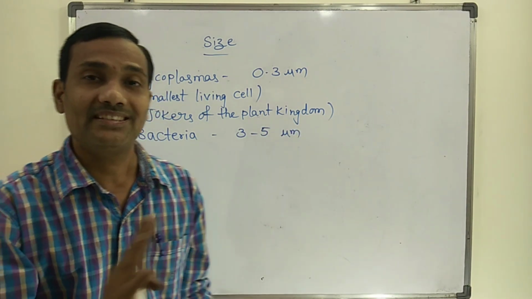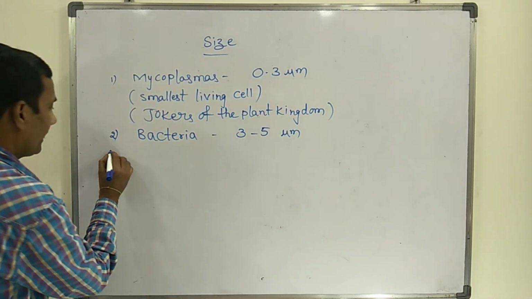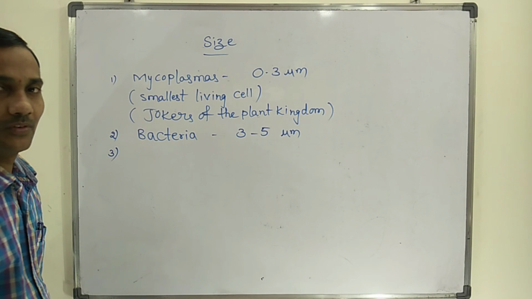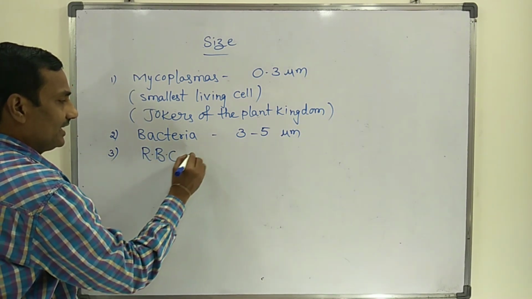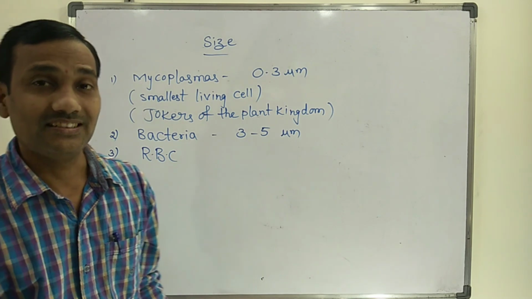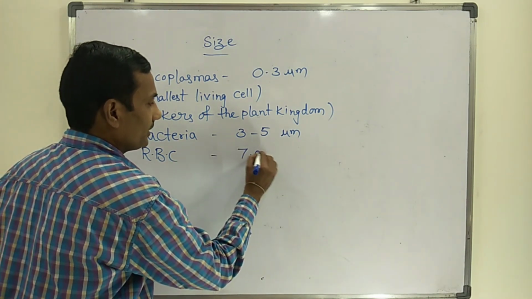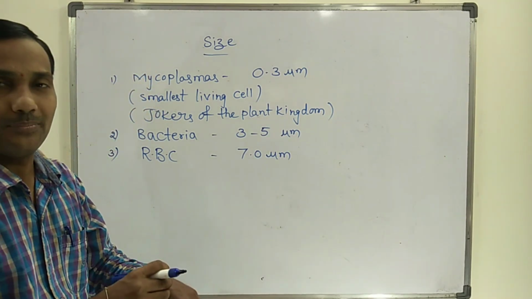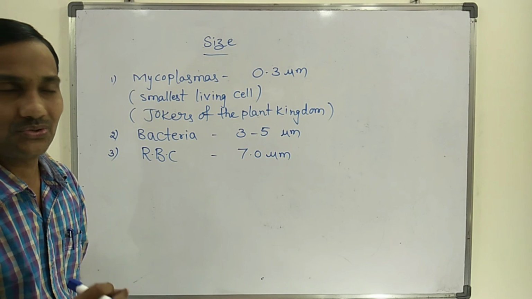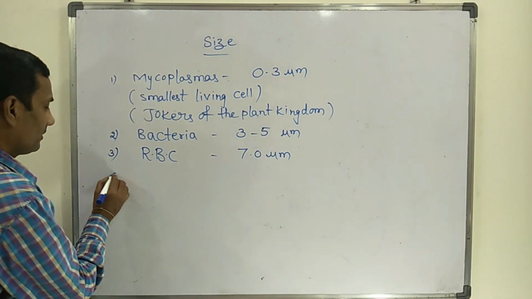Next, the human RBC cell, that is the erythrocyte, approximately 7.0 microns.